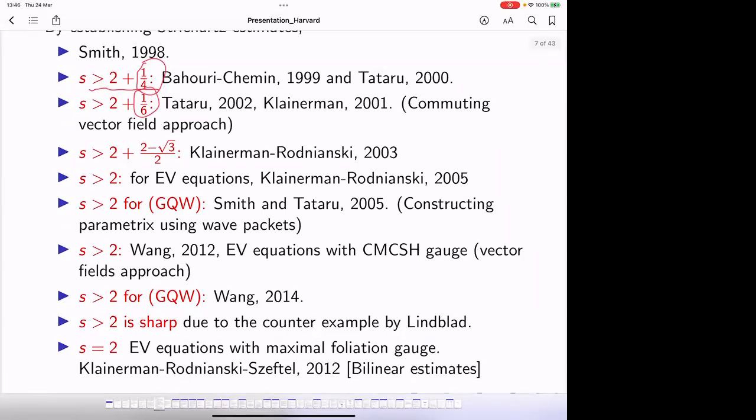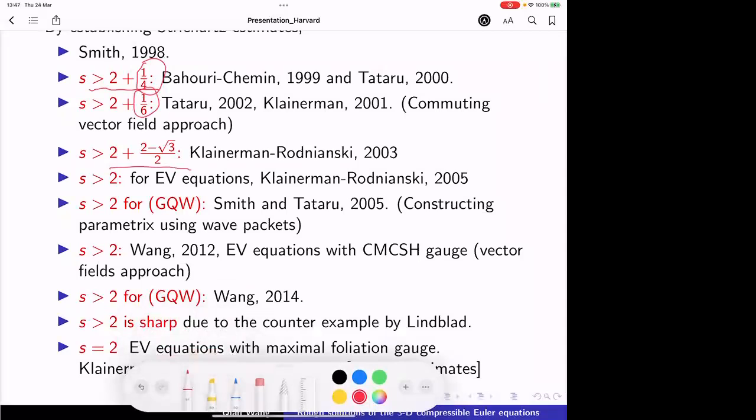It started with Bahouri–Chemin, then Tataru, and then Tataru made improvements over himself, and then Klainerman introduced a new method, which is the commuting vector field approach to Strichartz estimates. He reproduced Tataru's work, and also introduced an important geometric structure, so that they could carry on to improve the results to this number. Again, the number itself gets lower and lower, but what's more important is that the method itself gets better and better.